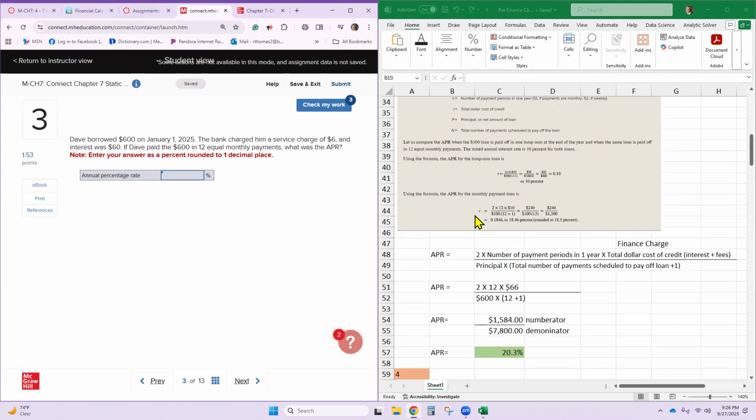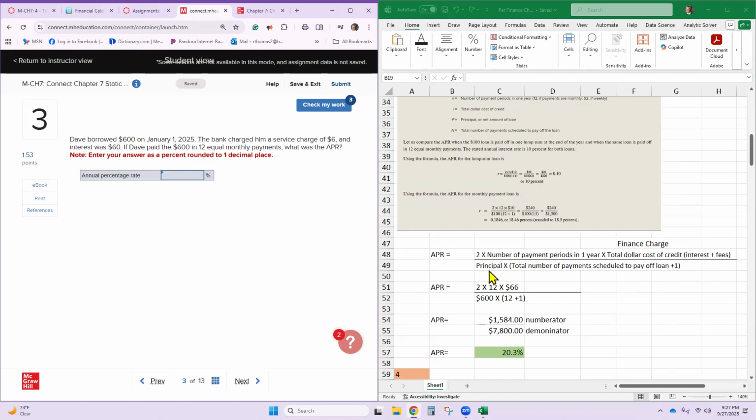What will be the annual percentage rate? And the fact that you're paying it back over 12 months, the interest is going to be higher. So let's walk through this. 2 times the number of pay periods in 1 year times the total dollar cost of credit, which is the finance charge, the interest plus any fees.